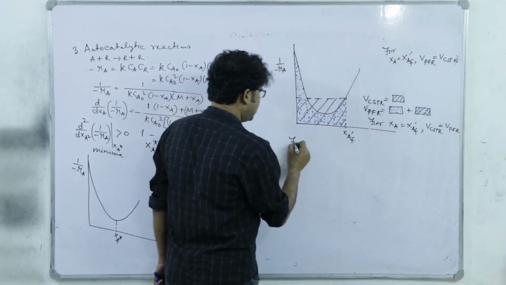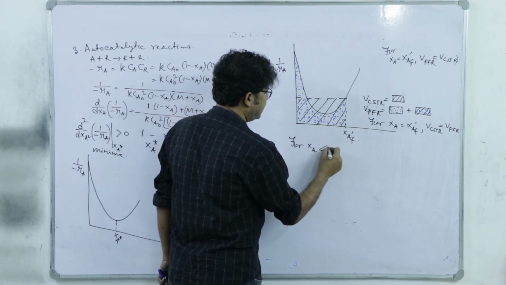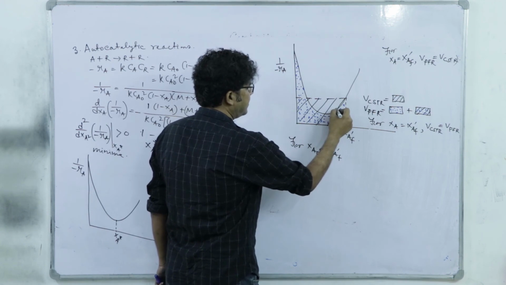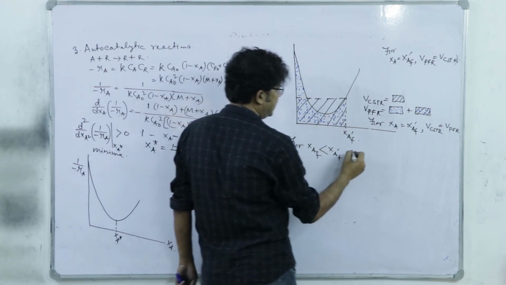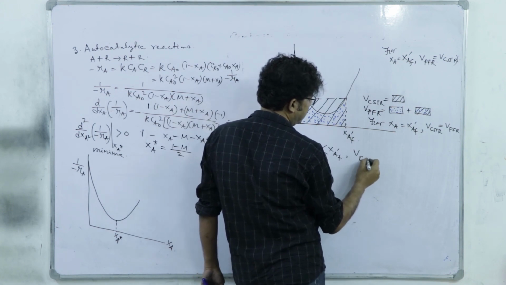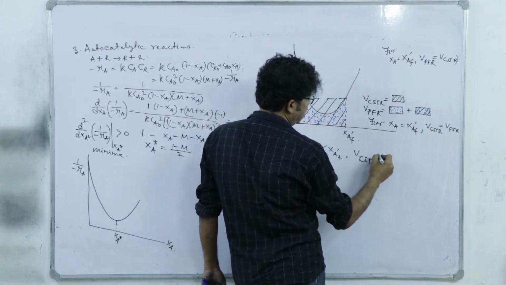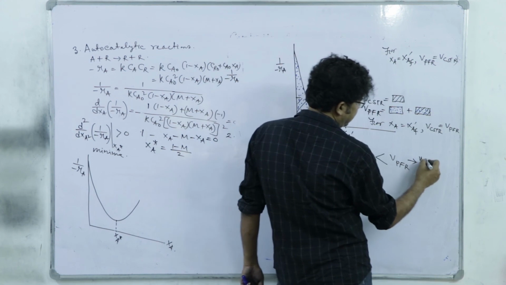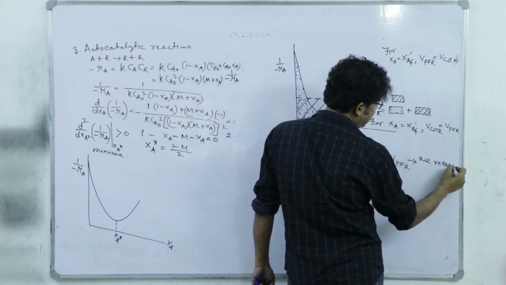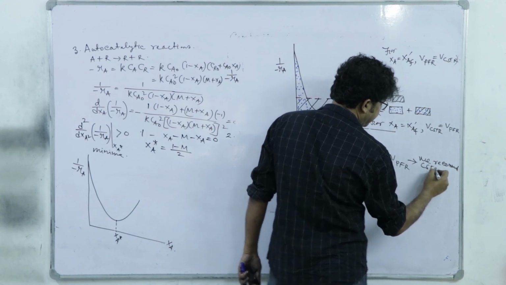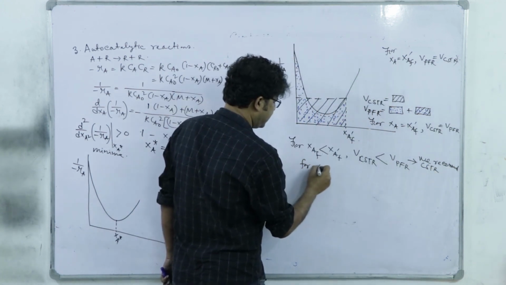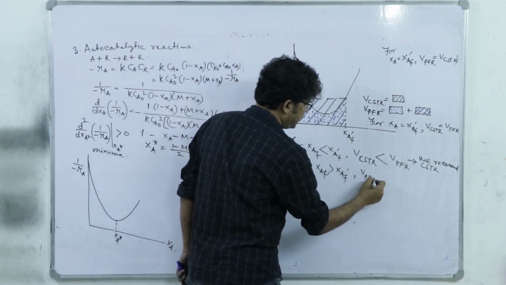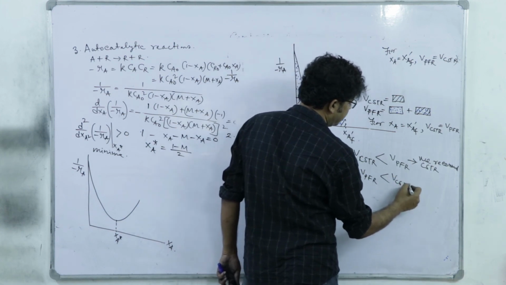Now for XAF less than XAF prime, on this side, what will happen? Here definitely V CSTR will be less than V PFR. We recommend CSTR. And additionally for XAF greater than XAF prime, V PFR is less than V CSTR.